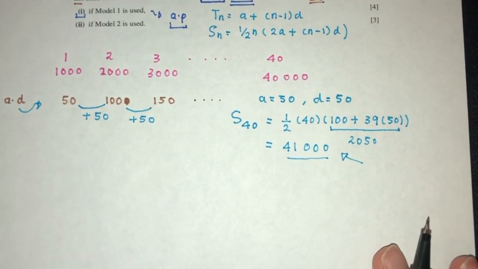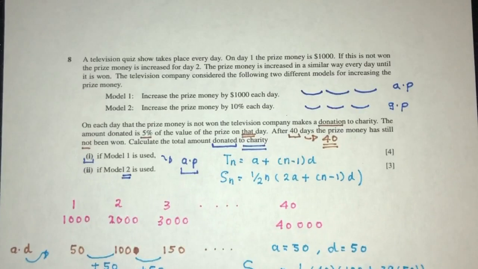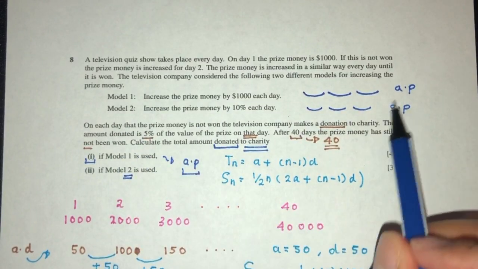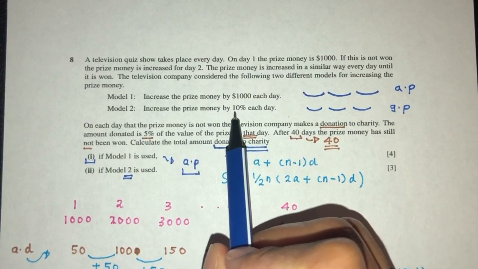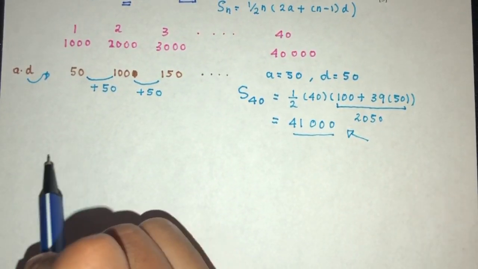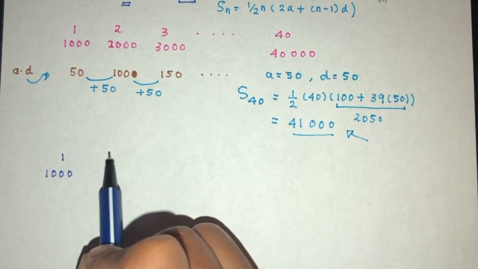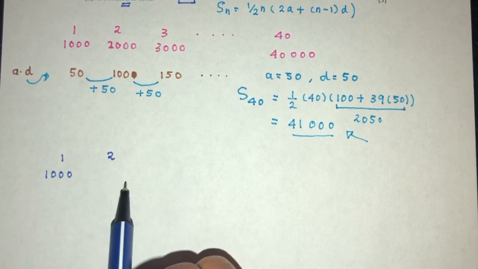Now for part 2, here we have if model 2 is used. Now as we can see here, model 2 is a GP. The amount increases 10% every day. So let me write this down. I have day 1, it is 1,000. Day 2 will be what? Increase by 10%.